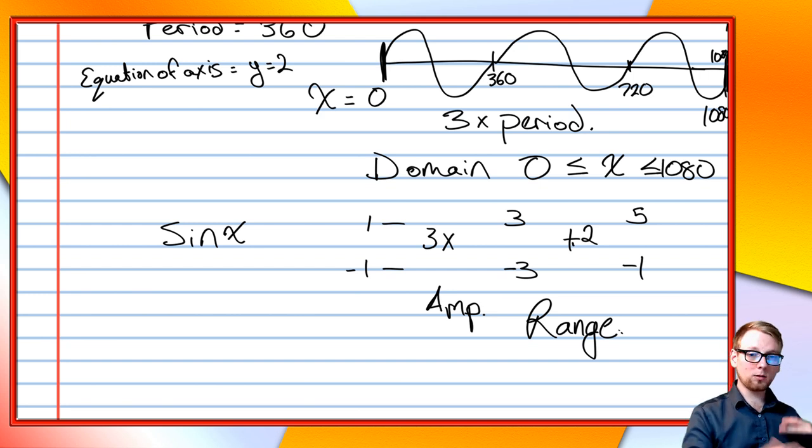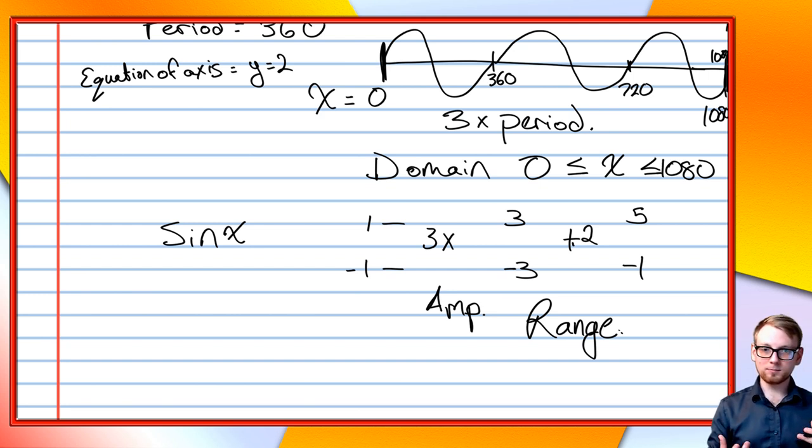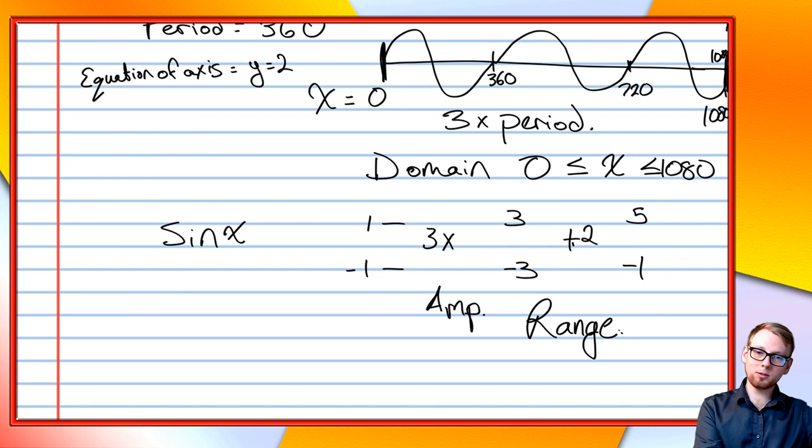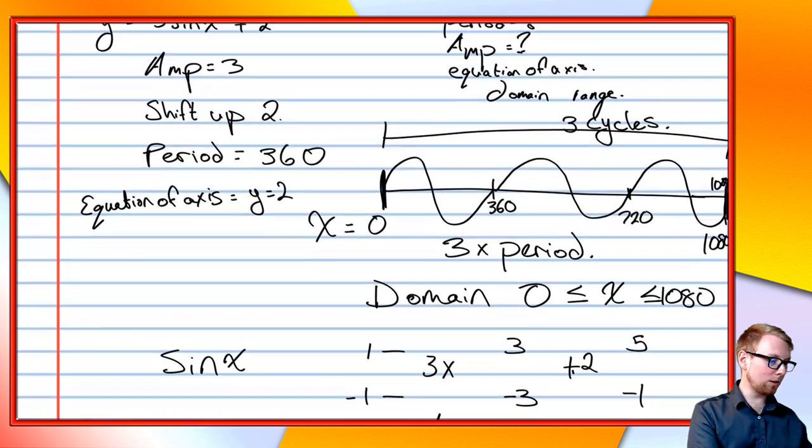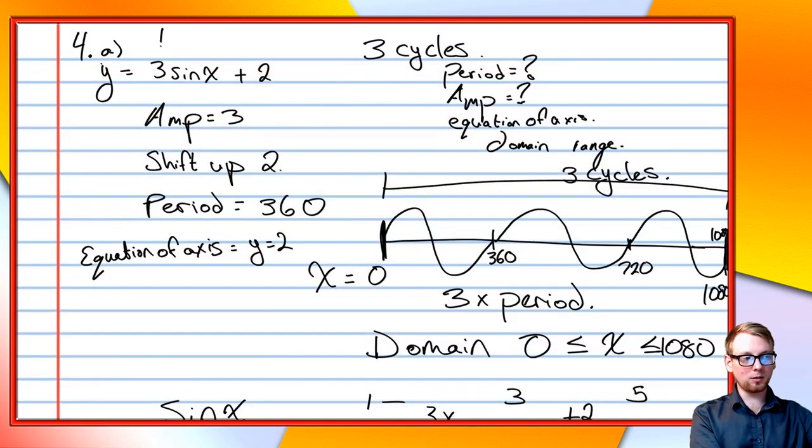So the range, no, I didn't get the 3's from the 3 cycles. Range is not the cycles. I got the 3 from this right here, the amplitude. We used the 3 cycles to find the domain.